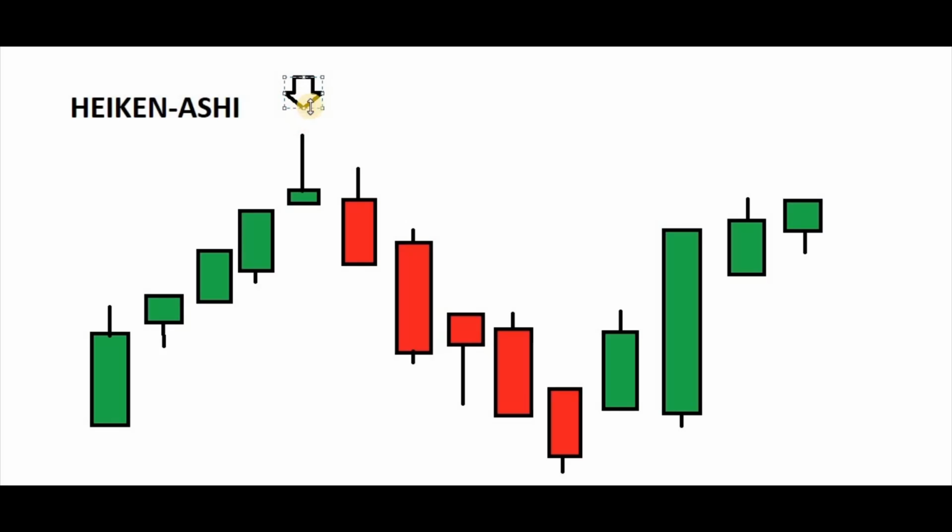So you can see that till here the uptrend was there, and after this the trend went downwards till here, and again after some point the trend went up at this point. So based on this, it is easy to understand whether the trend is going up or down. Based on that, you can identify trends in Heikin Ashi.